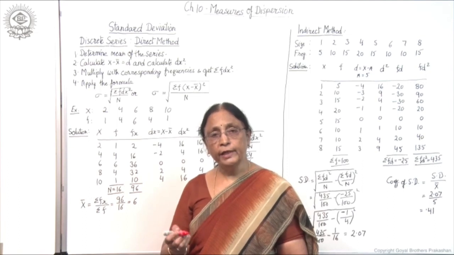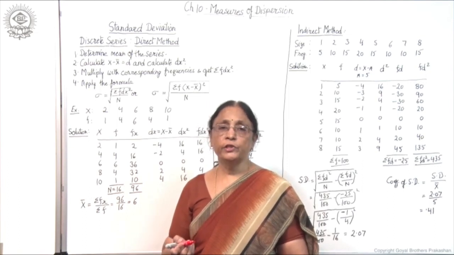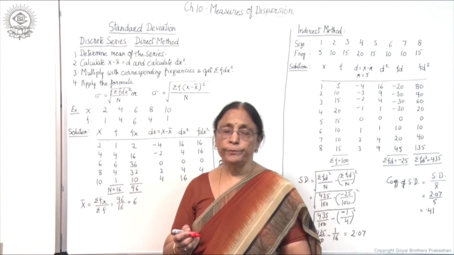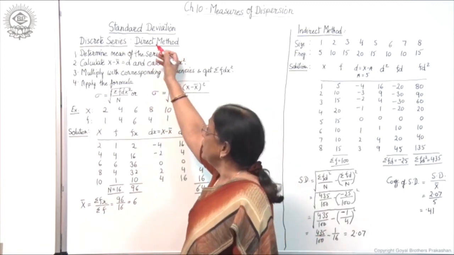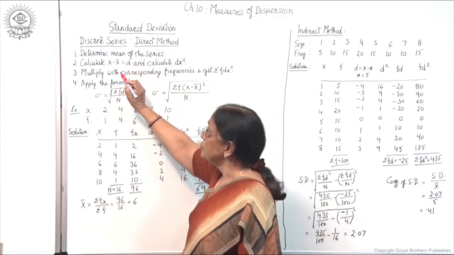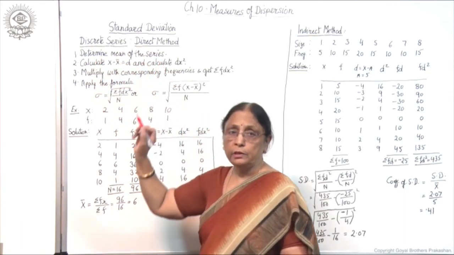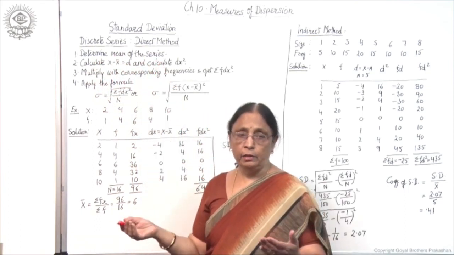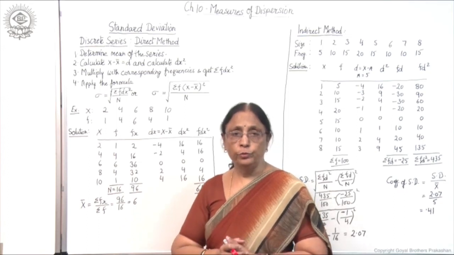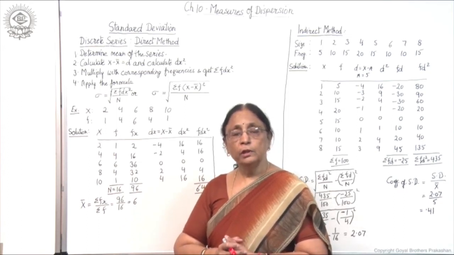In case of indirect method, we take out the deviations from assumed mean. So in the direct method you have to take out deviation from actual mean. So first thing is determine mean of the series. Series means the given data. Whatever data is given to you, you have to take out the actual mean.